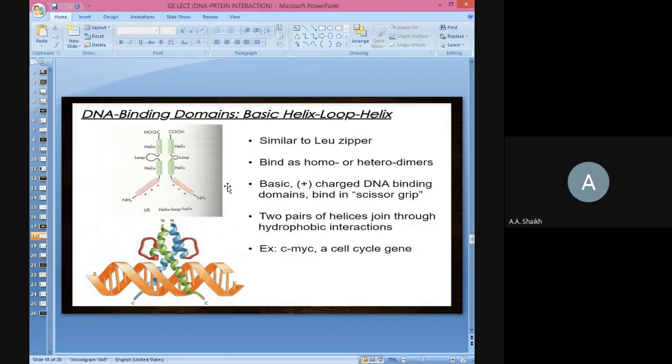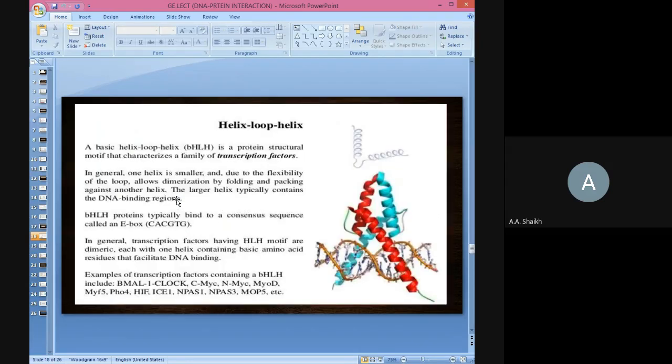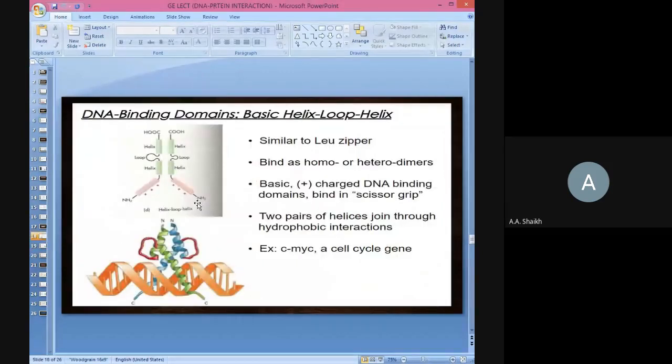But the important thing here is that one of the two structures is somewhat larger than the other, and the second sequence is somewhat smaller as compared to the other one.